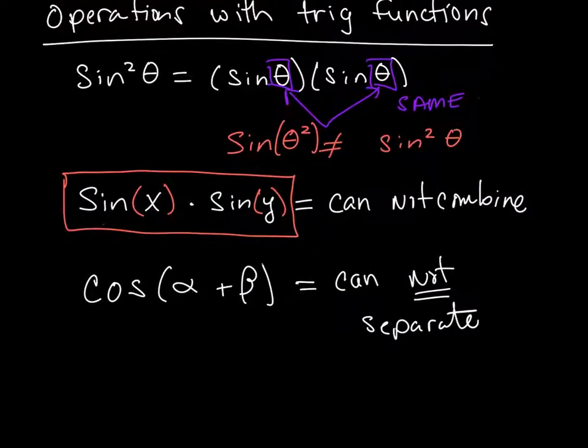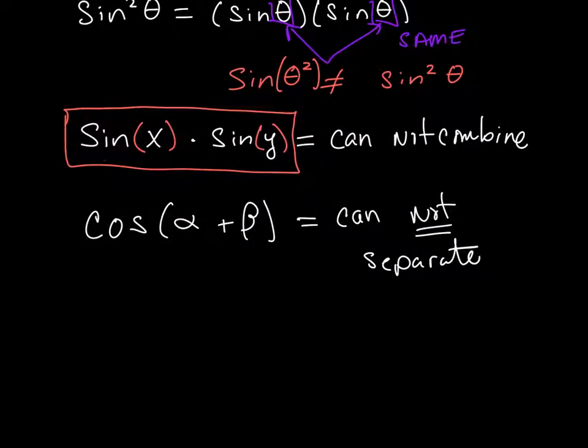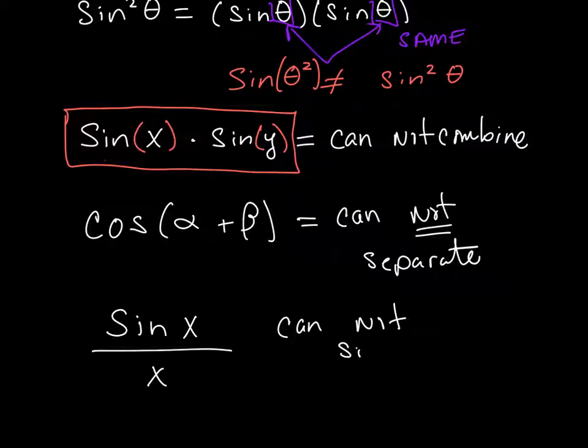All right, so let's go on to a couple other operations with this that are really important. And again, these are just things that you cannot do. If I have the sine of x over x, again, you cannot simplify or cancel.